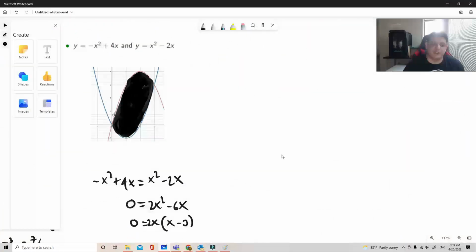Now let's transition to the functions y equals minus x squared plus 4x and y equals x squared minus 2x. The area between those two curves is going to be represented by the black area that we have right here.